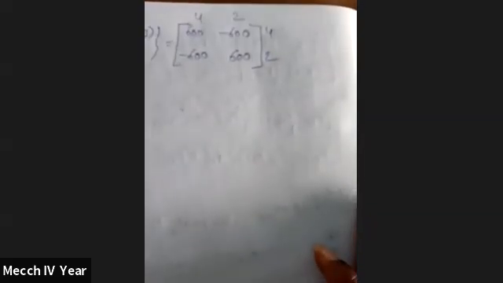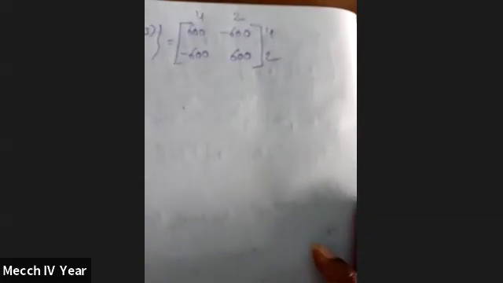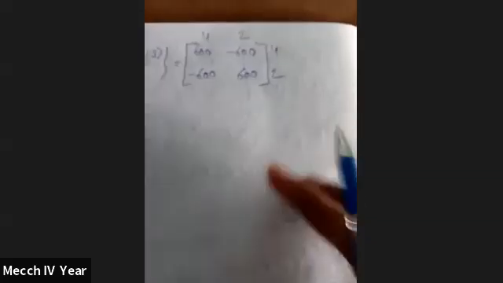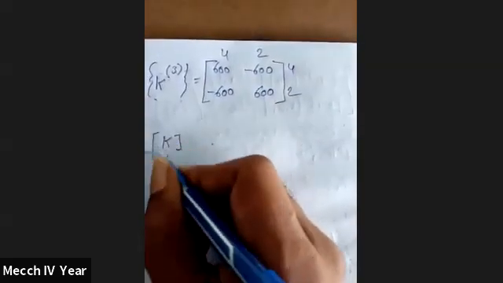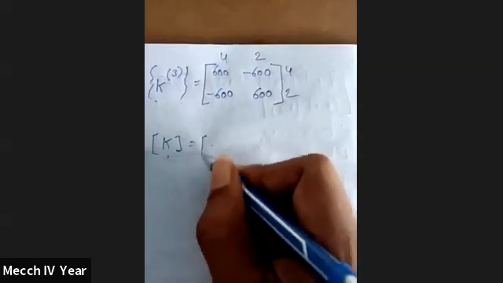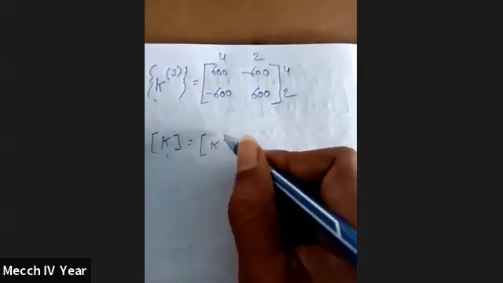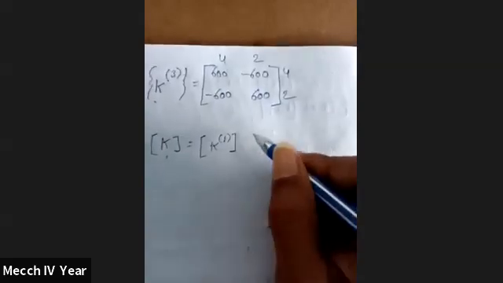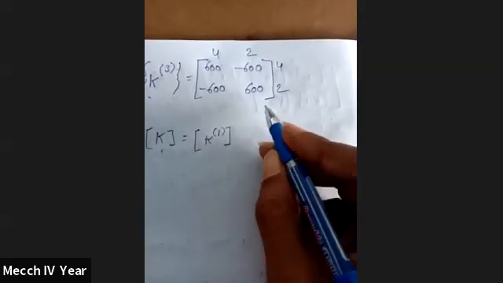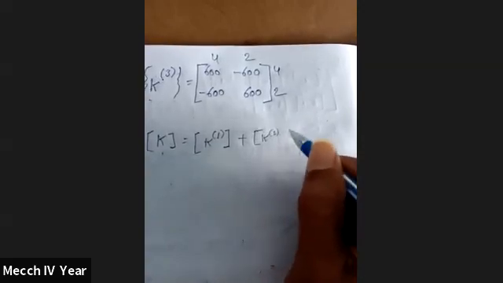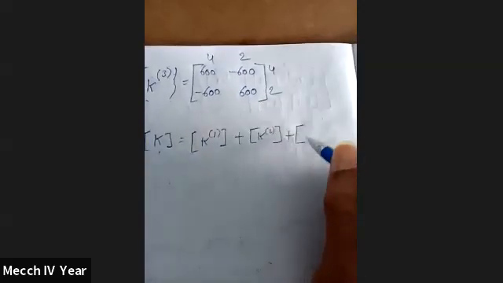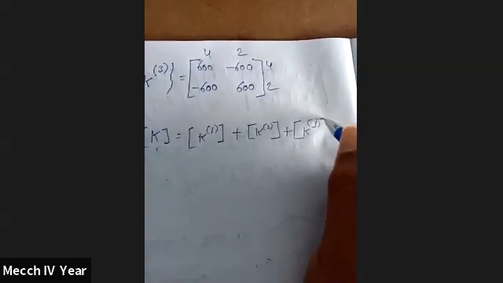Now, using the concept of superposition, we obtain the global stiffness matrix. K is equal to K1 plus K2 plus K3.